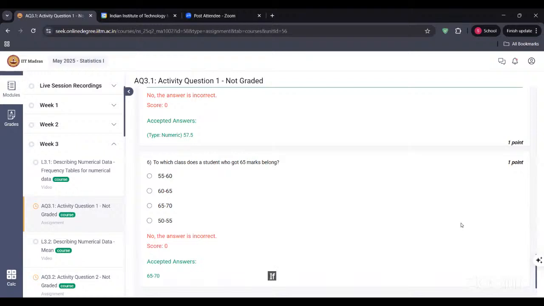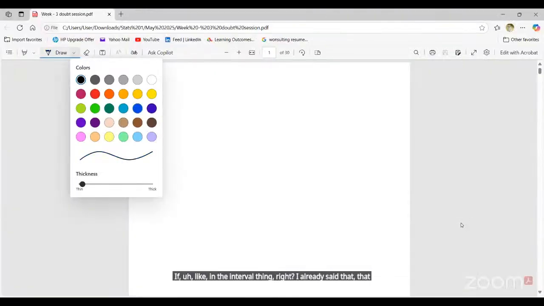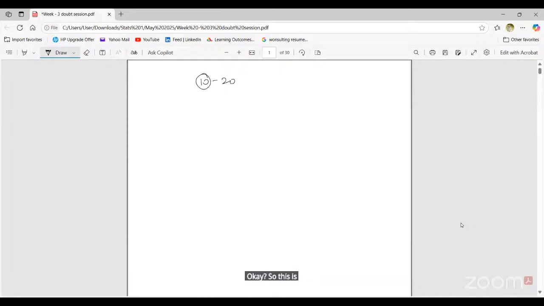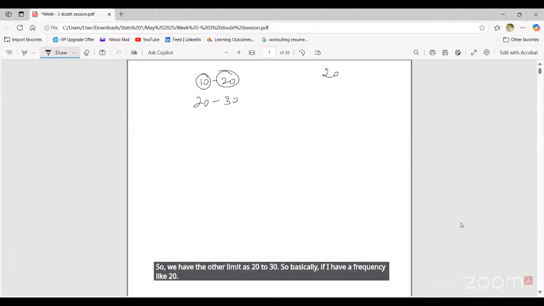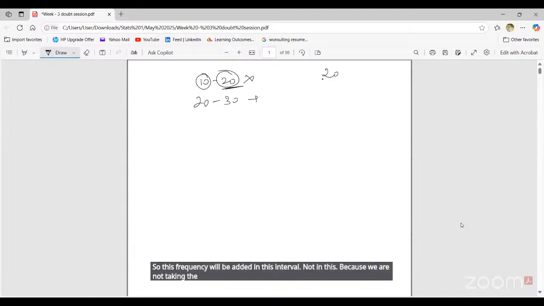In the interval thing, I already said that you're not including the upper limit. So if the limits are like 10 to 20, this is my lower limit and this is my upper limit, fine? And we have the other interval as 20 to 30. So if I have a frequency of 20, it will be added in this interval, not in the other, because we are not taking the upper limit into this interval.